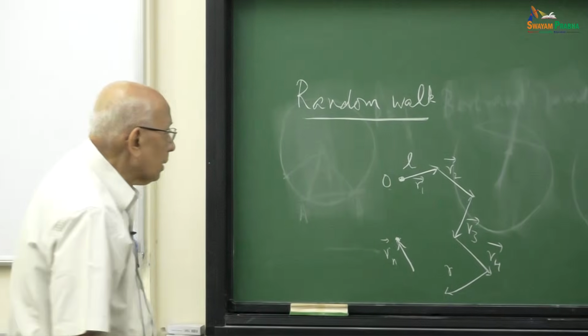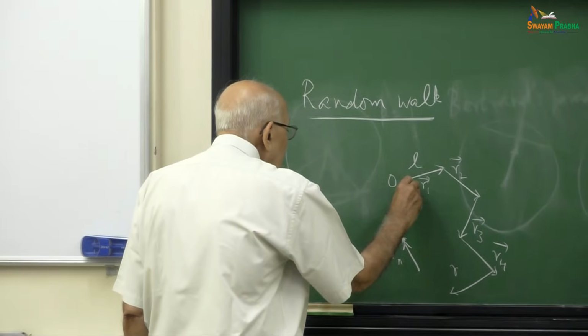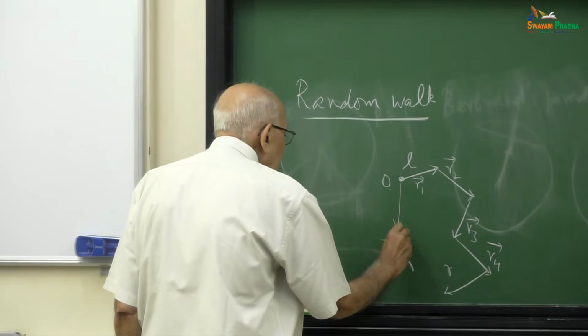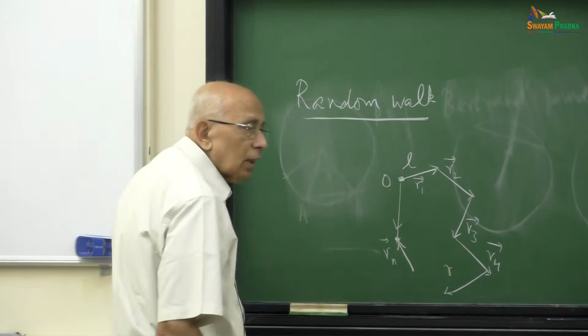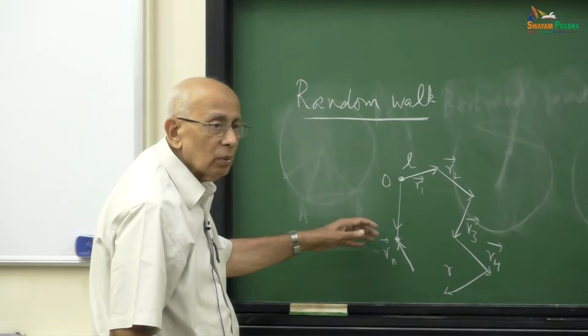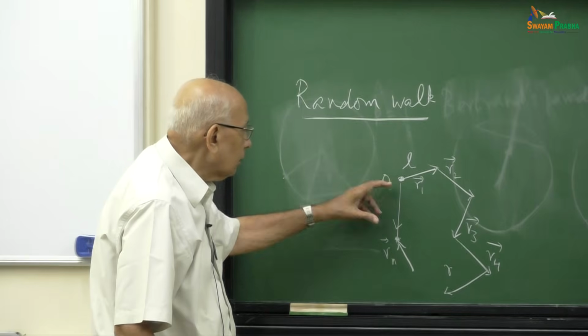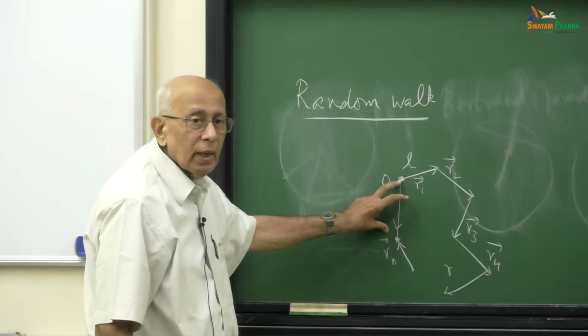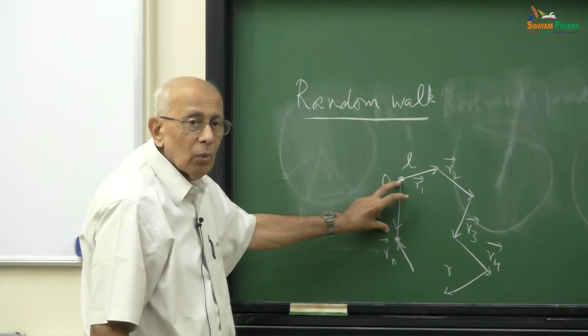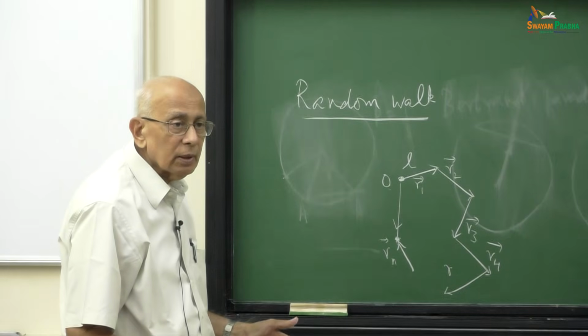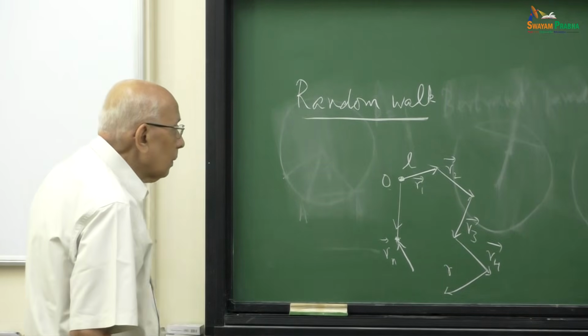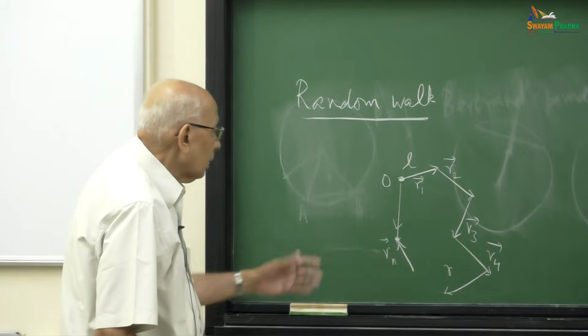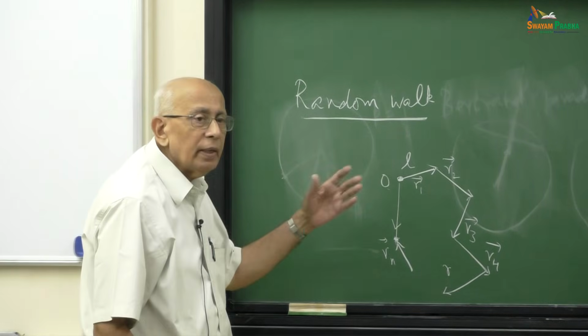And the question I ask is, what is the distribution of this vector here? Which will obviously in general not have a length L, but what's the value of this distance here on the average? And what direction does it point on the average? Now, it's intuitively obvious it can point in any direction in space.